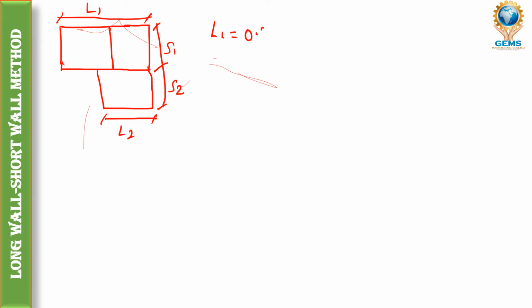So 0.3 divided by 2 plus the dimension of R3, which is 4.5, that is the breadth. Then plus, as a full wall is there, 0.3 plus the dimension of R2, which is 3.2, plus 0.3 divided by 2.